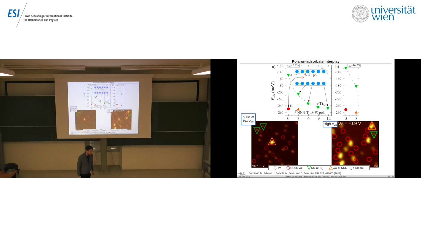Then you train the machine such that, given these inputs, so the distance of the polaron to the defect, distance of polaron to polaron, and so on, this is the energy I want you, machine, to give me. And then it gets trained like this till we get a satisfactory agreement. And at the end, we test the machine on a completely new set of polaronic configurations, and we get this curve I showed you before.